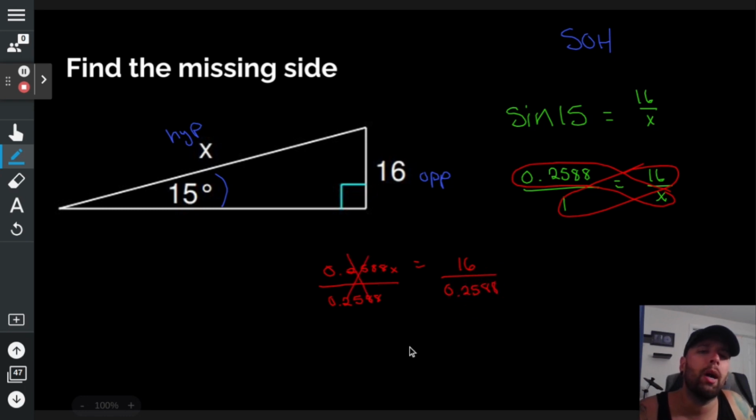Cross you out, and then I'll get x. So 16 divided by 0.2588 is going to be 61.819.